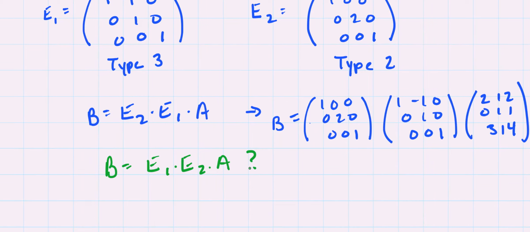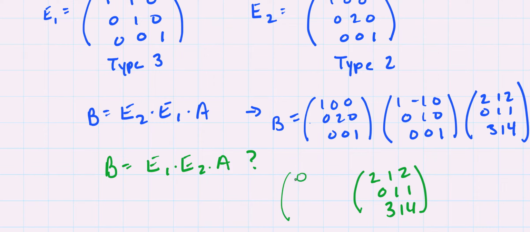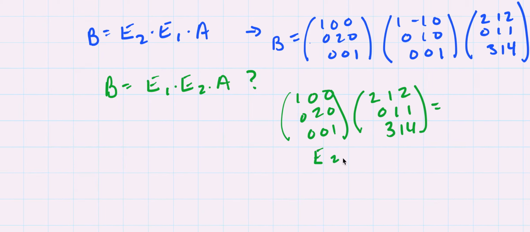that we take A, which was 2, 1, 2, 0, 1, 1, 3, 1, 4, and let's multiply it by E2. And E2 was multiplying the second row by 2. So let's do that. What's going to happen when you multiply these two, so this is E2 times A, you're going to get 2, 1, 2, 0, 2, 2, 3, 1, 4, which is almost what we want.